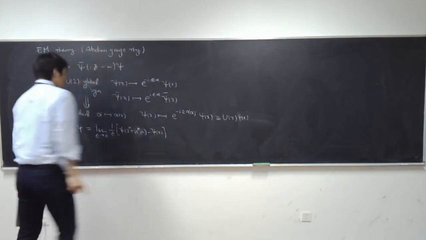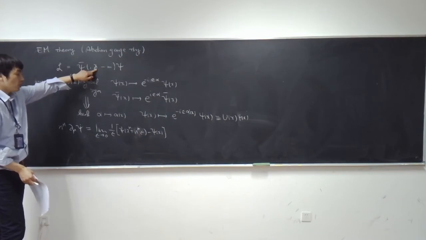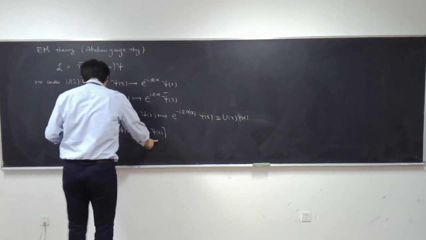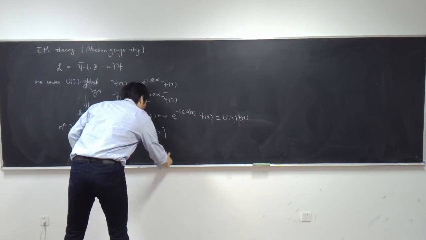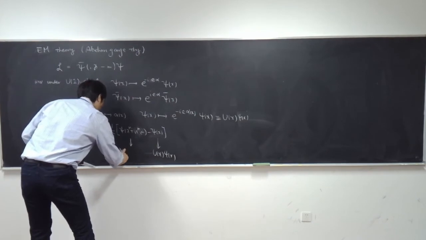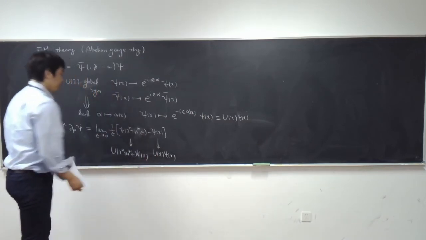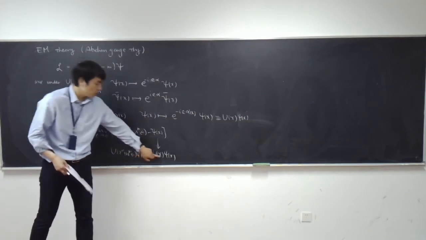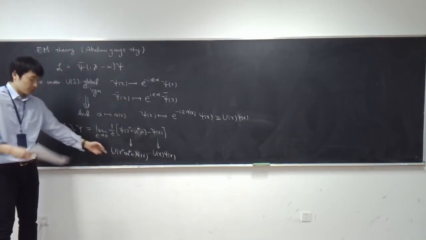If you compare, this partial mu psi that appears in the Lagrangian is not a good object for local symmetry, because here psi is mapped to u of x times psi of x under this local symmetry, whereas the other is mapped to u of x plus epsilon n times psi of x plus epsilon n. So if it depends on position, you cannot compare after this local U(1) symmetry.